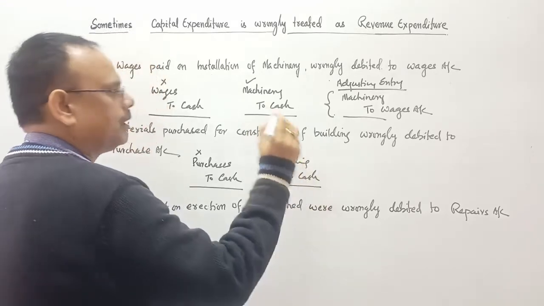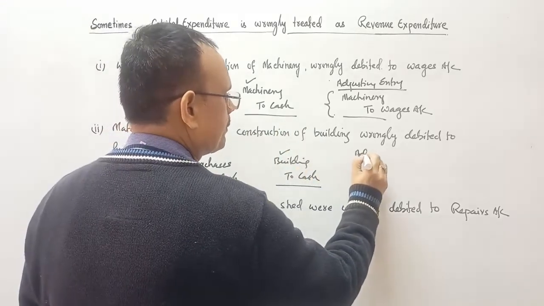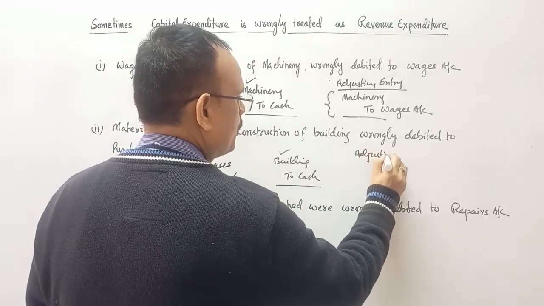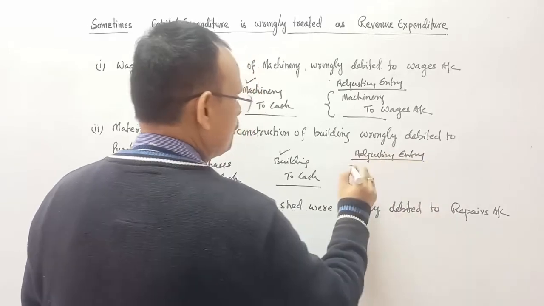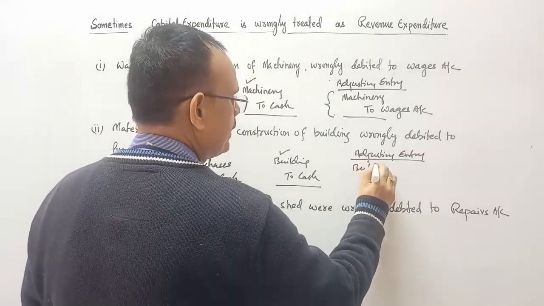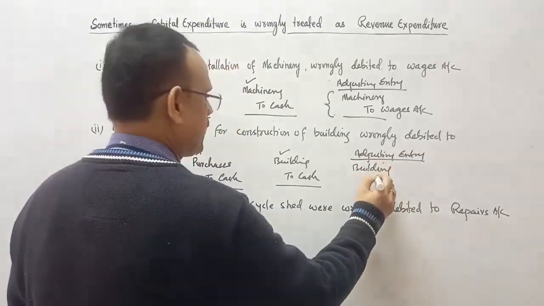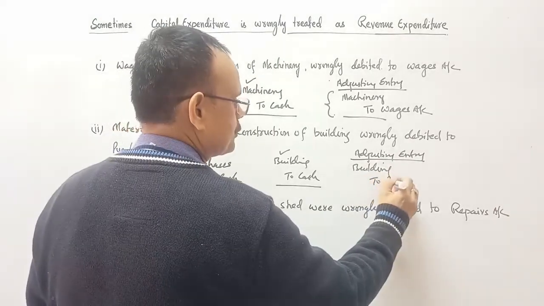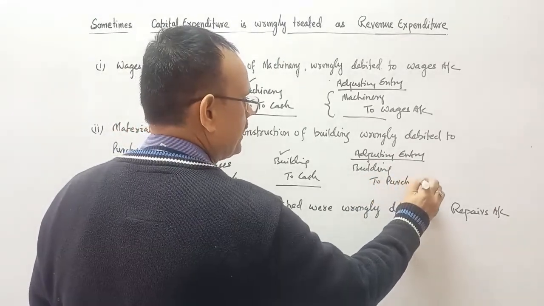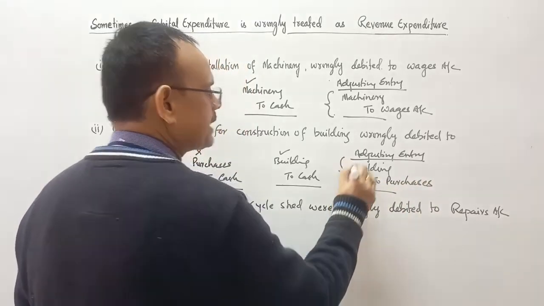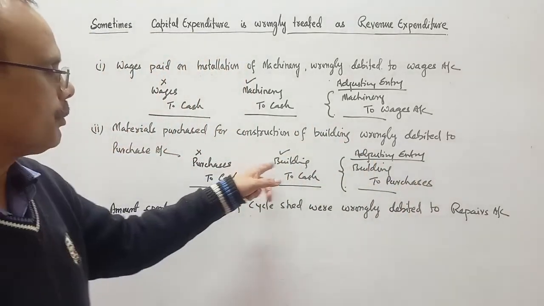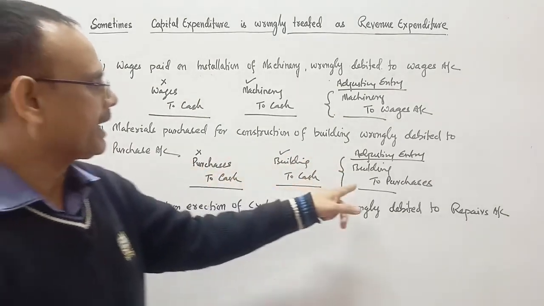Now the adjusting entry: building account will be debited, and purchase will be cancelled. So purchase account will be credited. This is the adjusting entry. Building account will be at the right place and purchase will be cancelled.